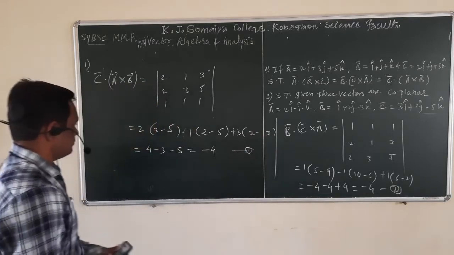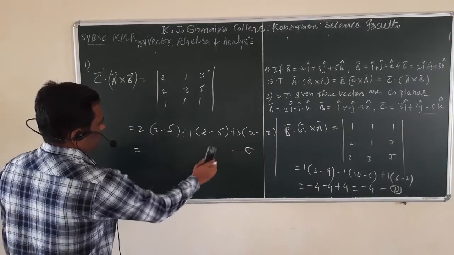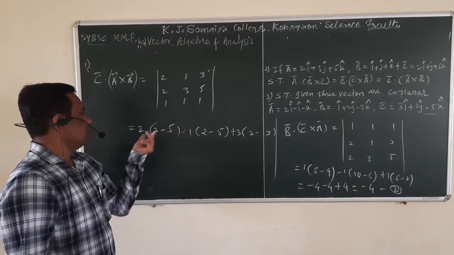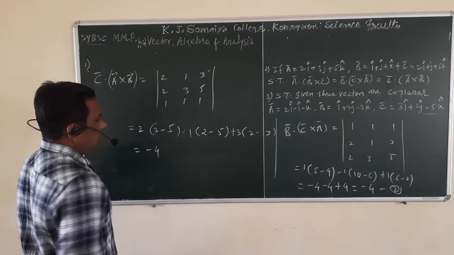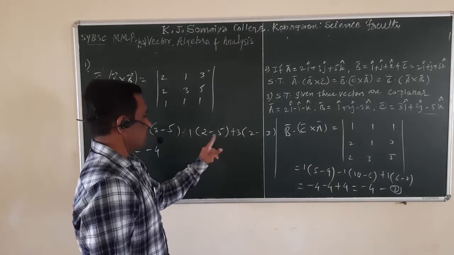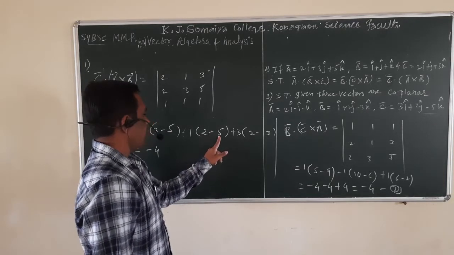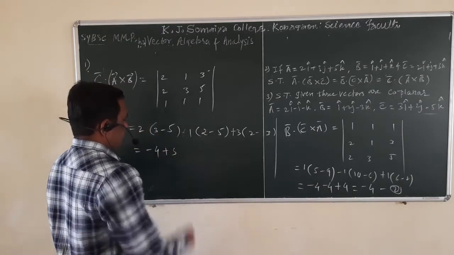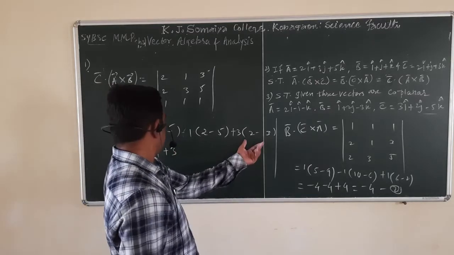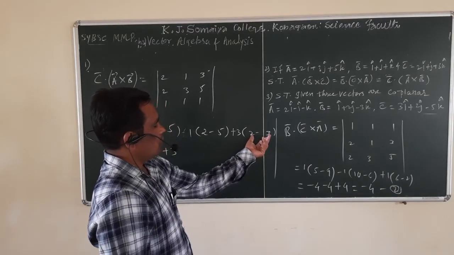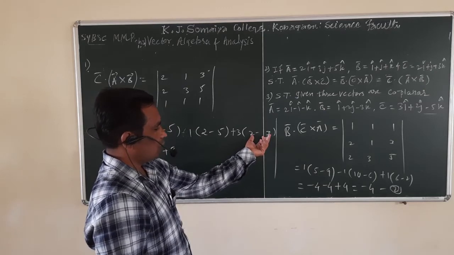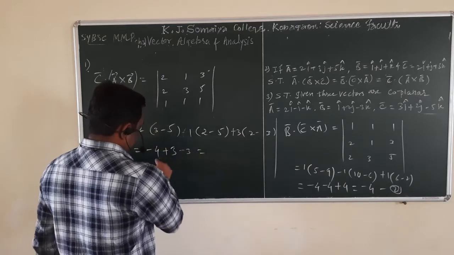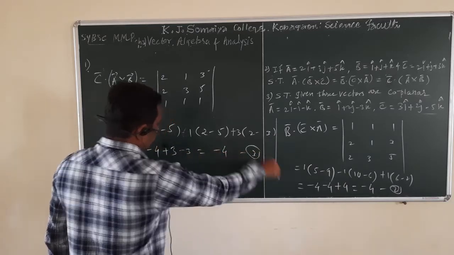What we will get? See, here we get 3 minus 5, minus 2, 2 we get minus 4. 2 minus 5 we get minus 3, minus 3 and minus 1 we get plus 3. And here 2 minus 3 we get minus 1. So minus 1 multiply by plus 3 we get minus 3. So again we get minus 4.